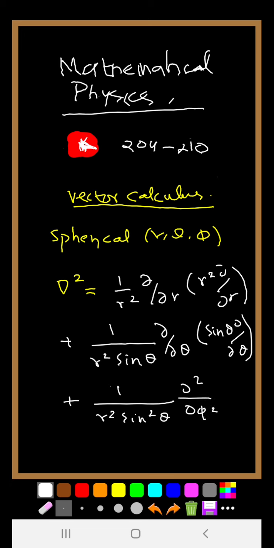This is how we represent the Laplacian in spherical coordinate system, and similar to that we can also form the Laplacian in cylindrical coordinate system.